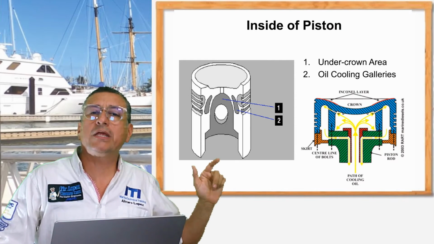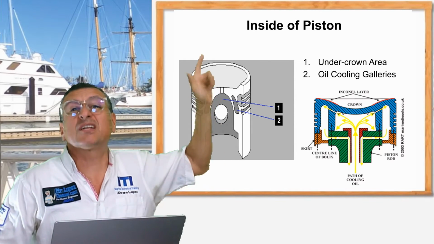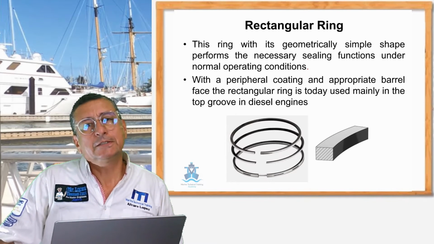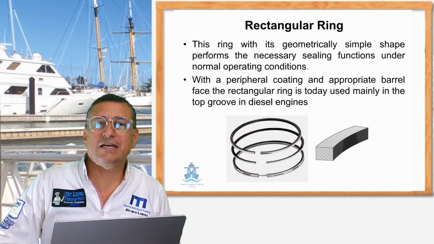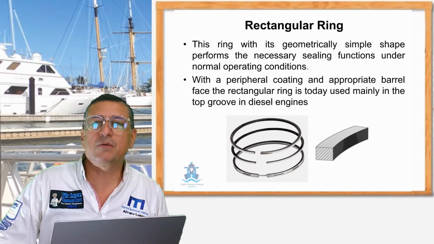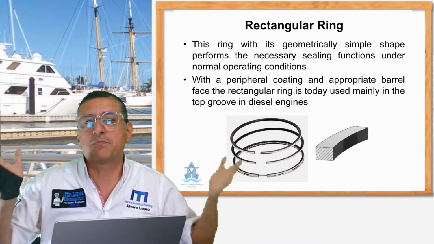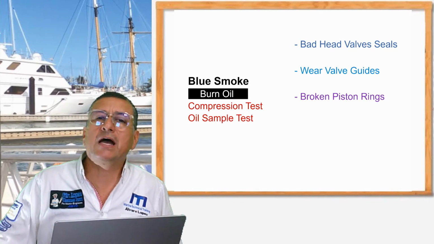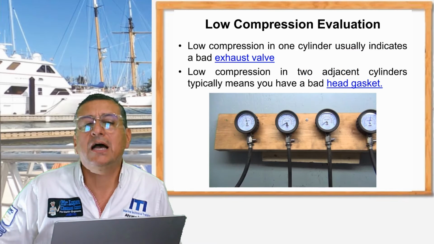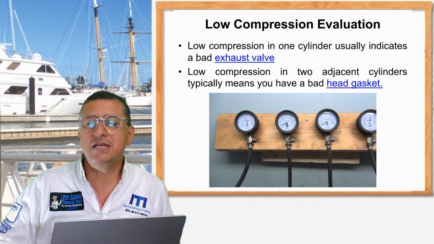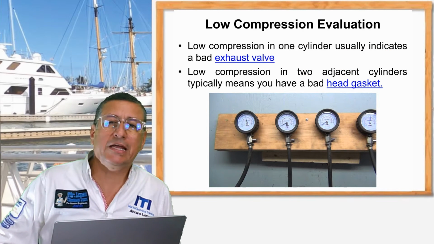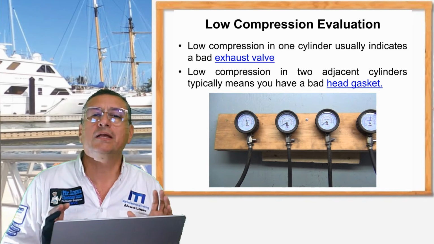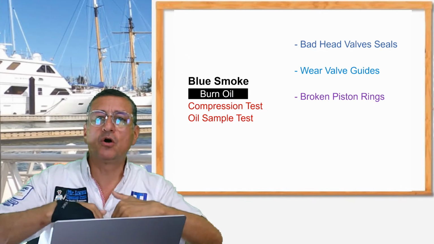That oil controller ring prevents the oil from passing to the other three piston rings, the compression rings. For that reason, I think it's difficult to have oil consumption from a piston ring problem, unless all of them are broken, then the oil passes. That's clear. But in general, when I have worn piston rings, I have low compression, but no oil entering the combustion chamber, because the bottom oil controller ring helps to return the oil to the oil pan.